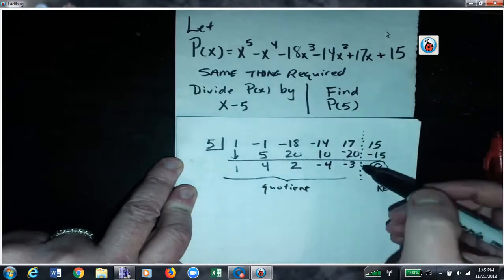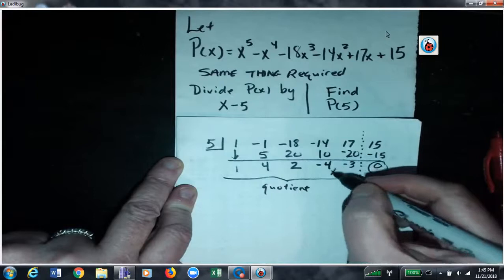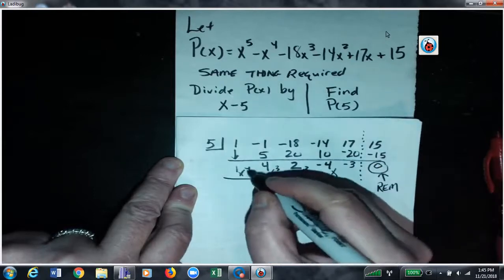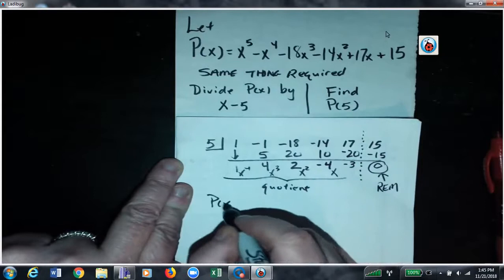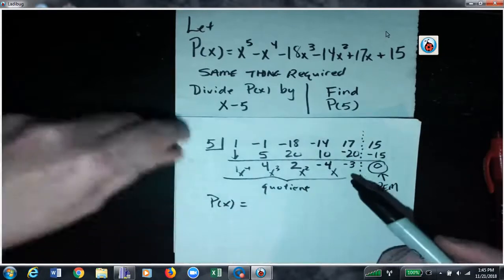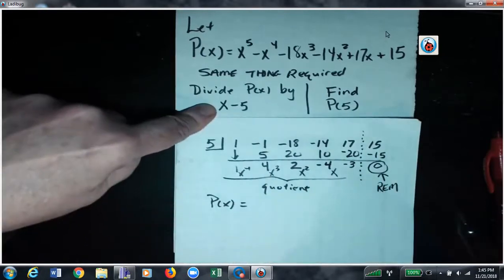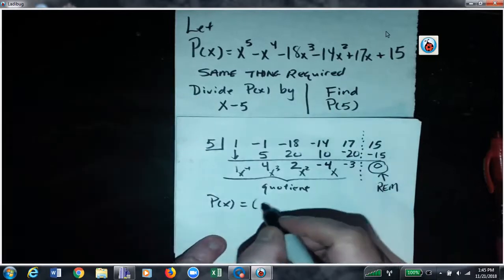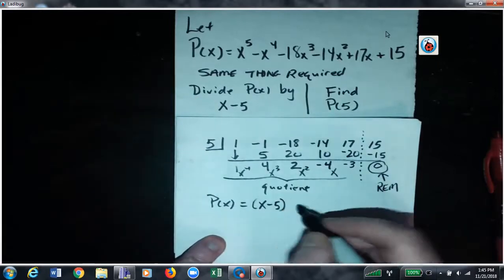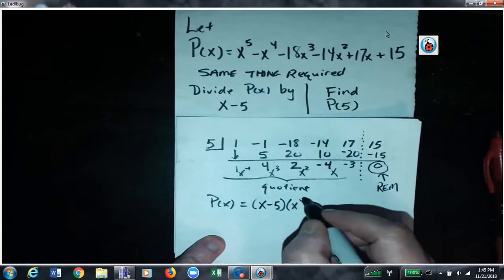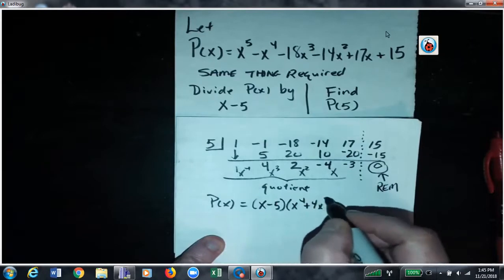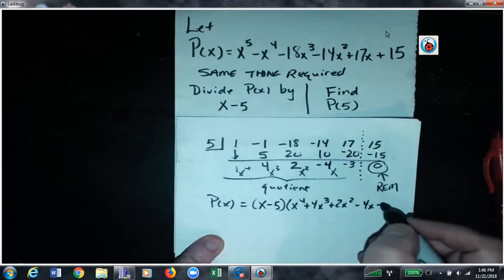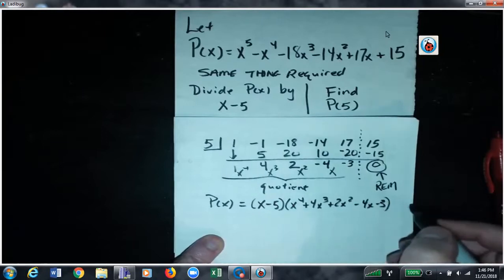And so I've got constant, x, x squared, x cubed, and x to the 4th. So p of x is going to be equal to the divisor, what I divided by, x minus 5, or x minus the number in the box. Both are the divisors, times the quotient, plus the remainder.